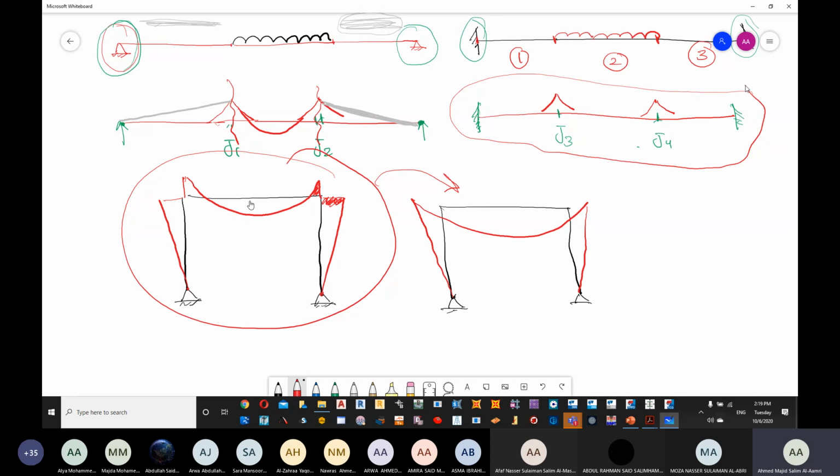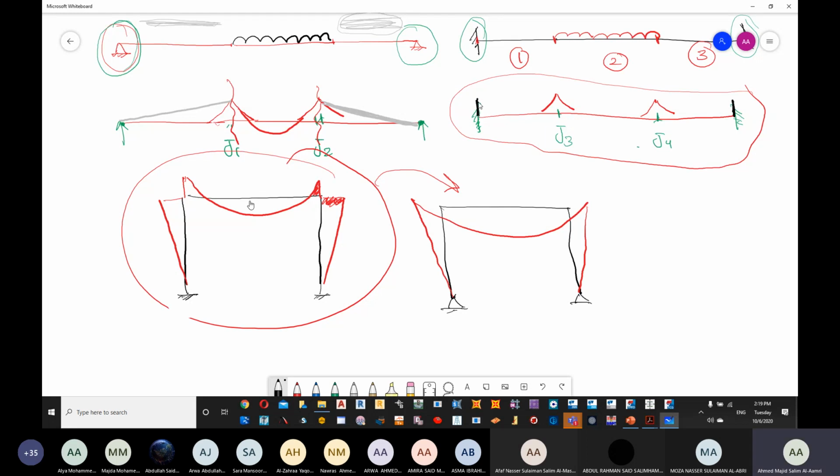So, for example, if I erase my support from here and make it fixed, what will happen? Now for the fixed support, if we try to draw the bending moment diagram, we say that it goes up, right? Okay, it goes up, and then straight.